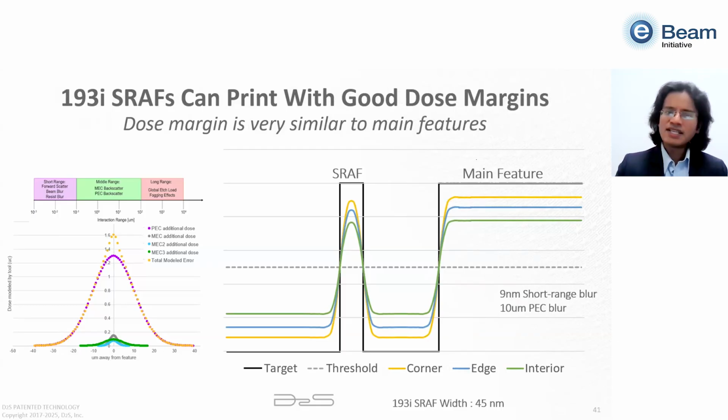So for 193i SRAFs, the SRAFs can actually print with good dose margin compared to the main features. If you consider the full short range, mid range, and long range effects, the SRAF's dose margin and the main feature's dose margin are very comparable for the particular process that I'm considering in this case. What this means is whatever kind of dose-based correction you try to do on the SRAFs would have a similar effect on the main feature and vice versa.